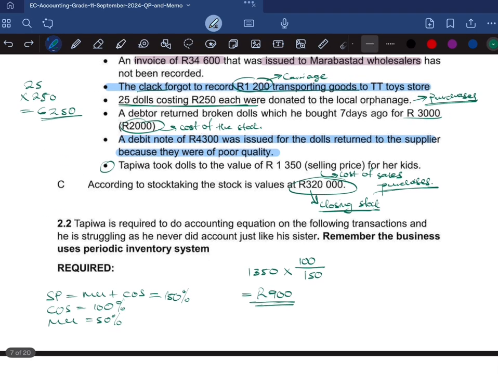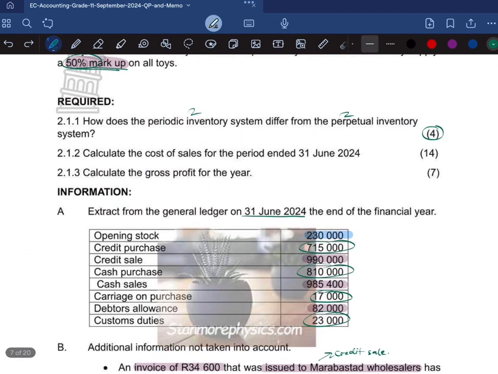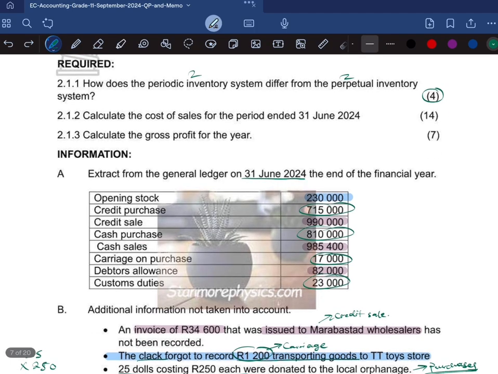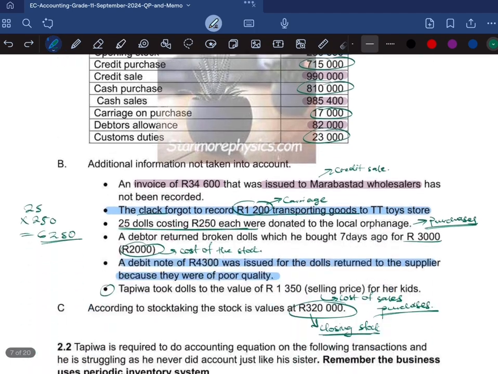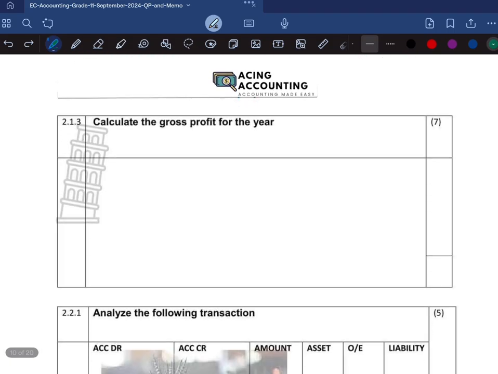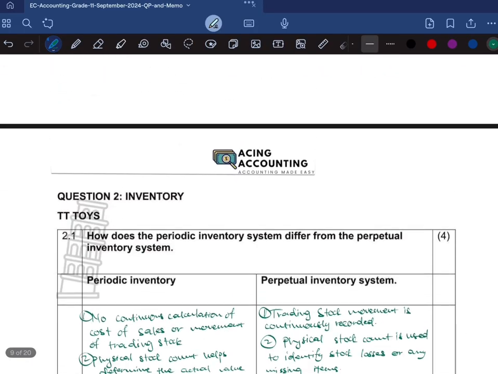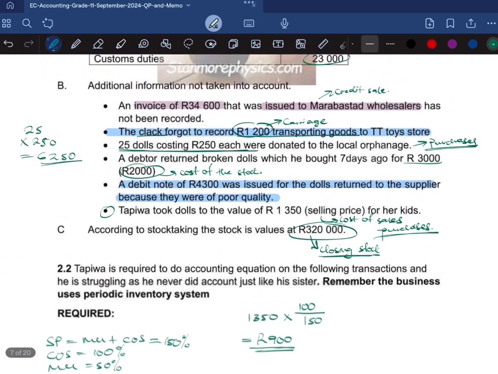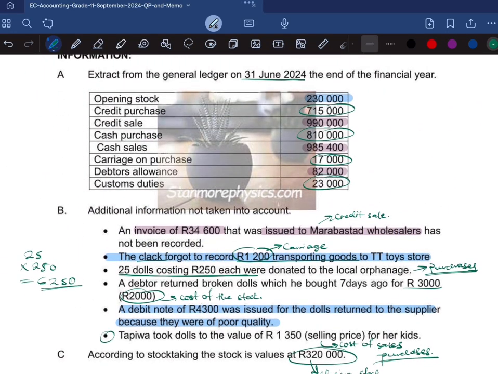So now I want us to have a look at 2.1.3, which talks about calculating the gross profit for the year. So like I said earlier, when we're calculating the gross profit, we're going to calculate our sales amount, right? So let's first calculate our sales amount. If we go back to the information, we know that we had two types of sales: cash sales and credit sales, the highlighted ones in purple.